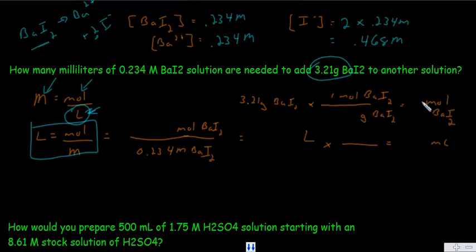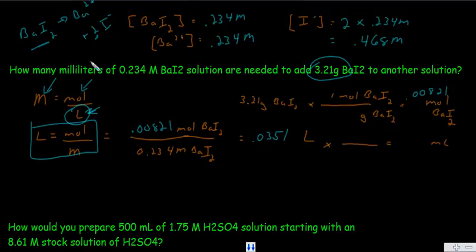How many moles of barium iodide are we trying to add? 3.21 grams into moles, and that gives us 0.00821 moles of barium iodide we're trying to add. And the molarity of the solution we know is 0.234 molar. So now we just can divide, and we find that 0.0351 liters of barium iodide solution are needed.